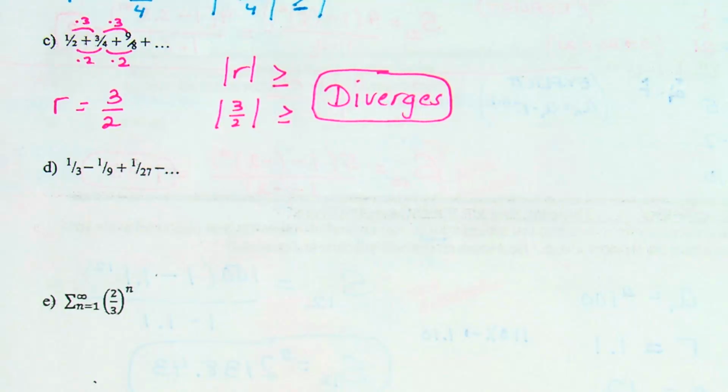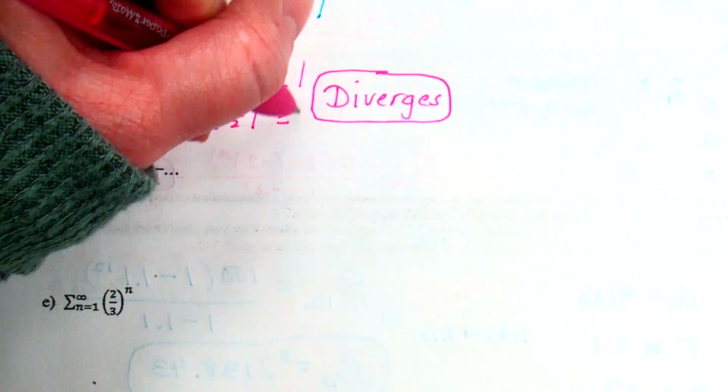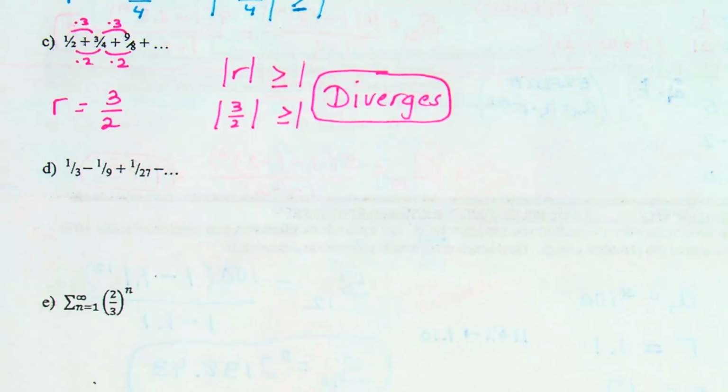Have you looked at D? Okay, so Dayton I think he was complaining, but I'm going to use this as an example. He says this one has a plus and a minus. What's that mean? We know, whatever we figure out, that the R value is negative. Because it's going plus, minus, plus, minus. Okay?